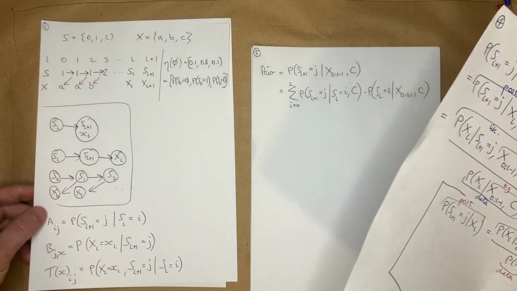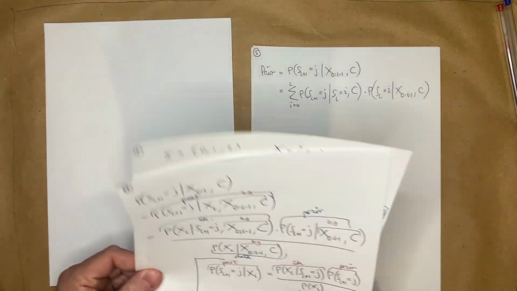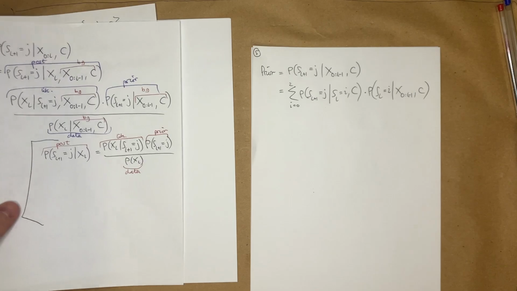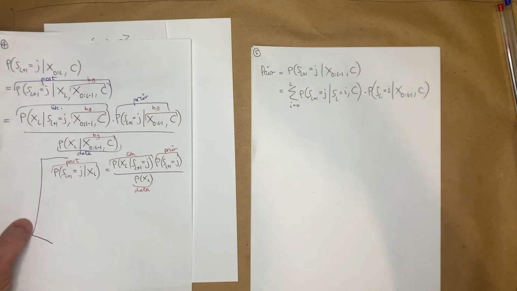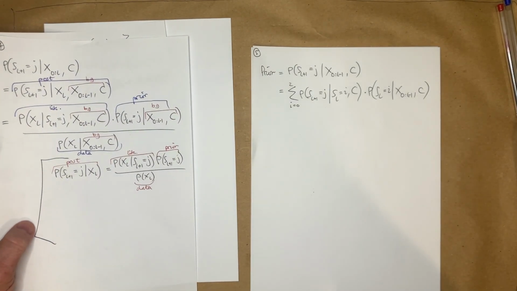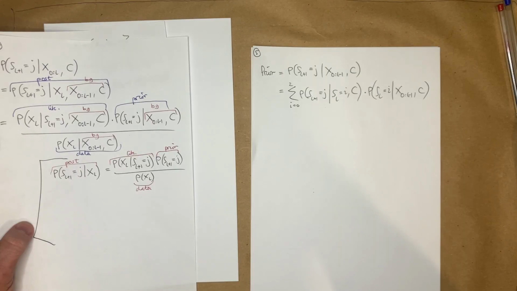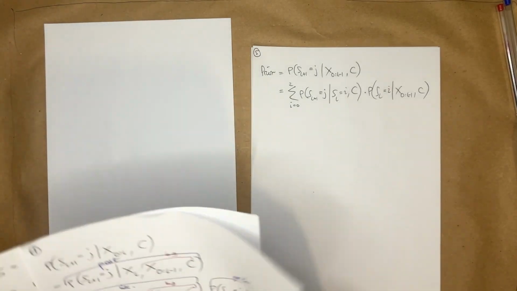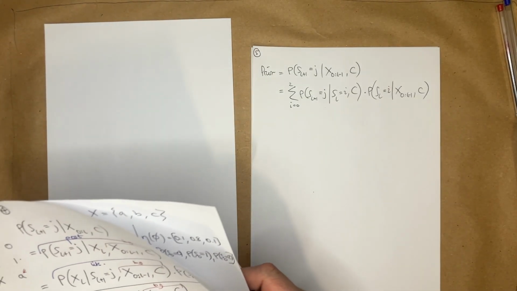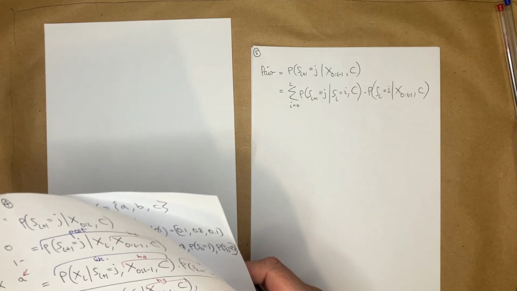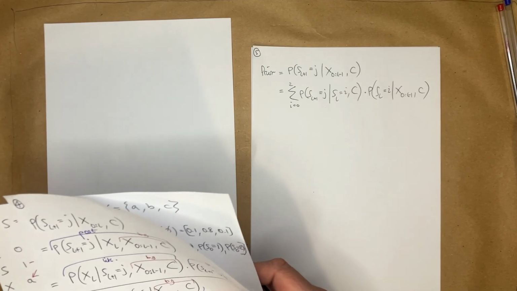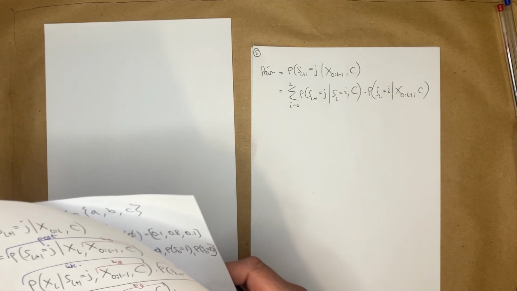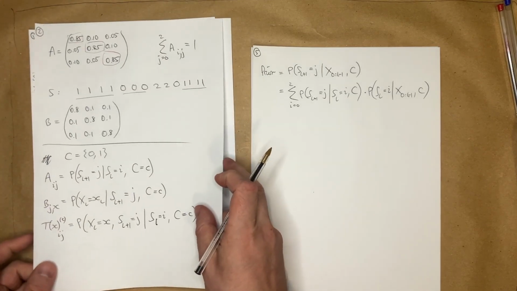Now, let's see if I can remember the cool magic step here. I think I can. Oh yeah, that's right. Where did I put it? Yeah, I think it's this one.